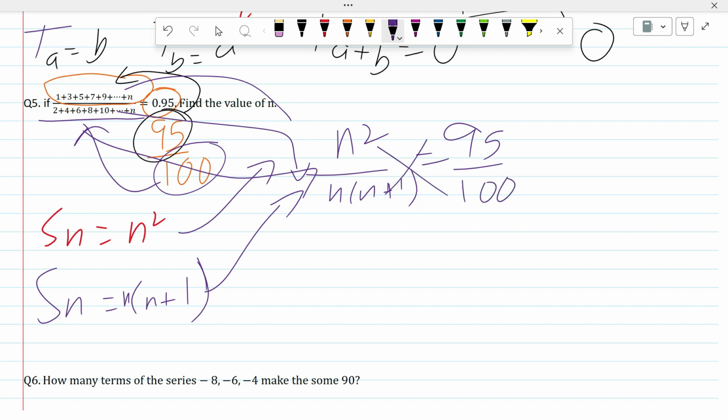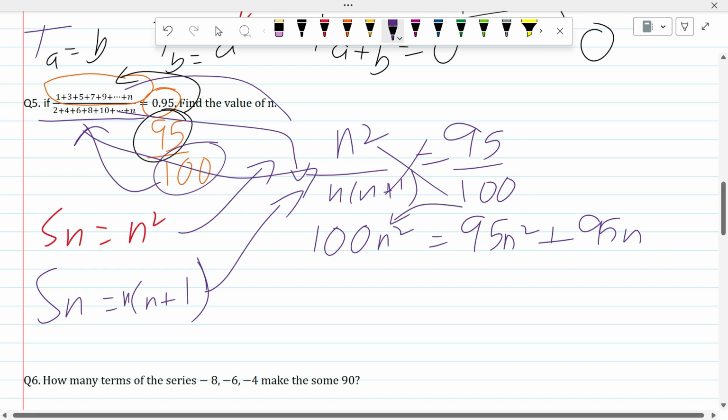Now cross multiply, right? If you cross multiply, you will get something like this: 100 n square is equal to 95 n square plus 95 n. Now what to do next? Simply take this here.